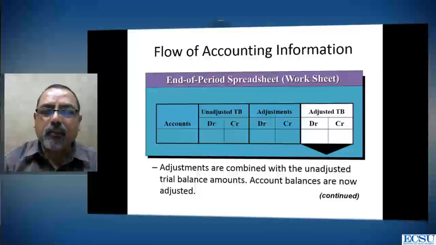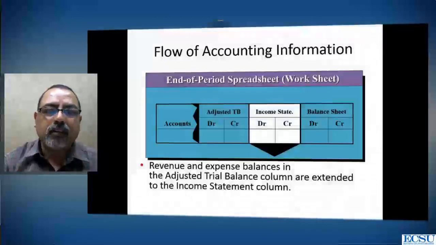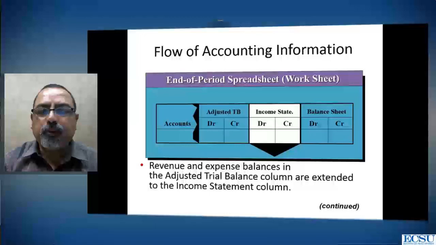Whenever the debits and credits are different, you'll always have to look for the column which has the higher amount. That would be the amount of balance in the adjusted trial balance. Then once you have the adjusted trial balance, what we do is we extend our worksheet to the income statement and the balance sheet.